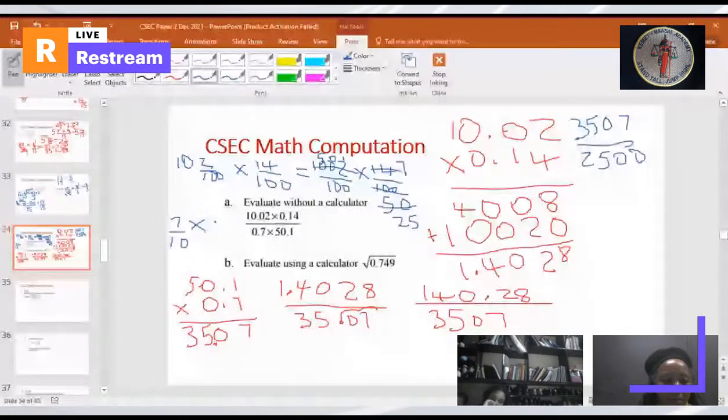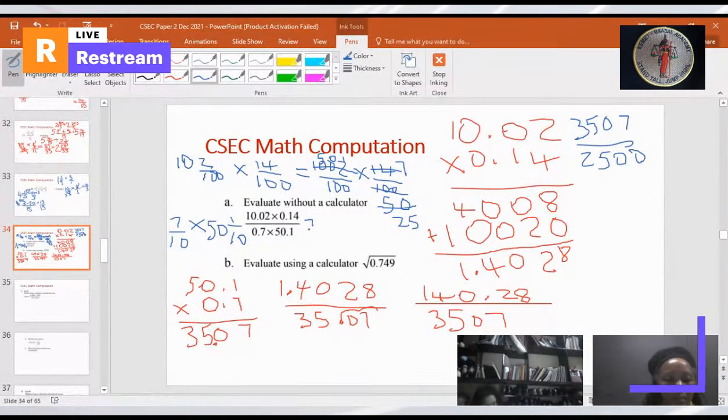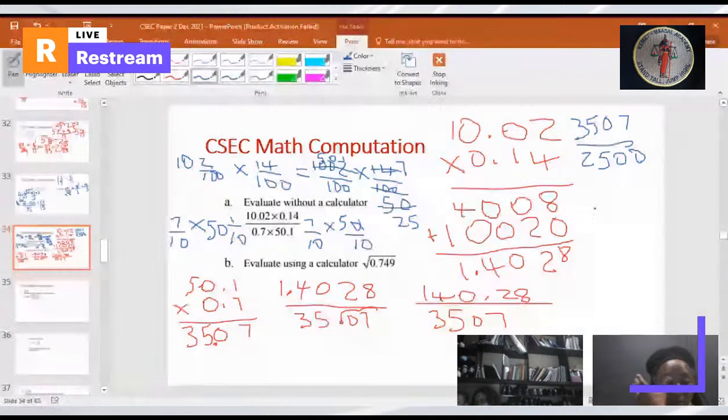So that's 7/10 times 10 times 50 is 500 plus 1, 501 over 10. All right, so 7 times 501.